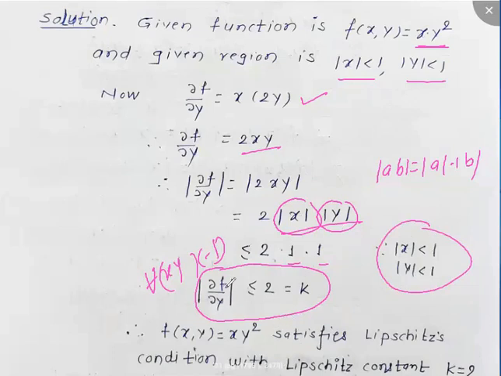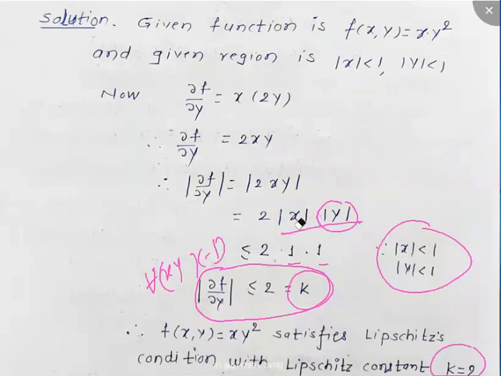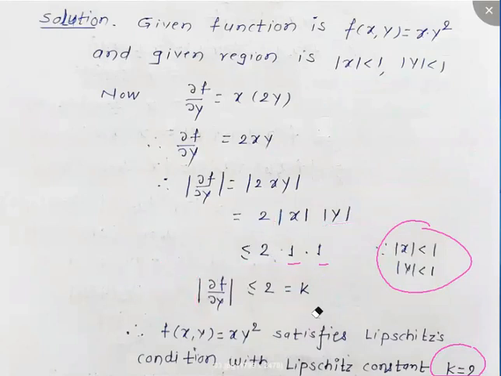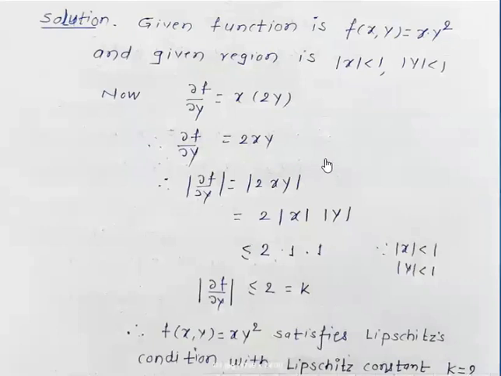So when the partial derivative of f with respect to y is less than k, then for the same constant k the Lipschitz condition is satisfied. So the function satisfies the Lipschitz condition with Lipschitz constant k equal to 2. The same constant can be used in the Lipschitz condition.